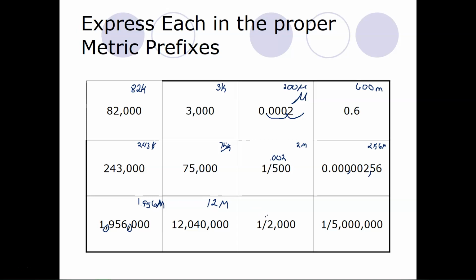This one is 0.0005. So my comma starts here. Now I would have another comma out here. 2 zeros behind the 5. End up with 500 micro.